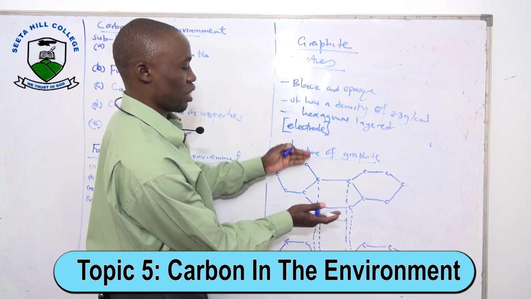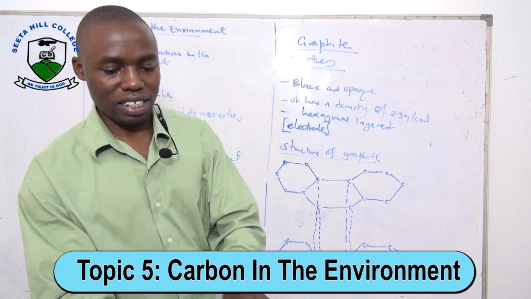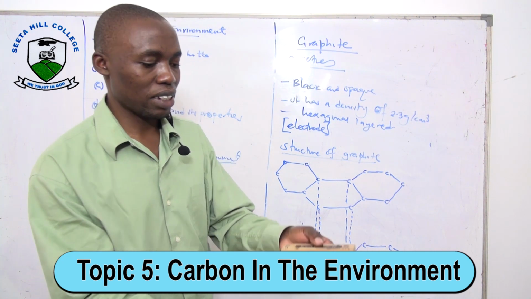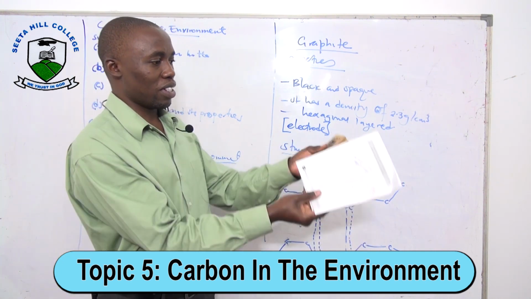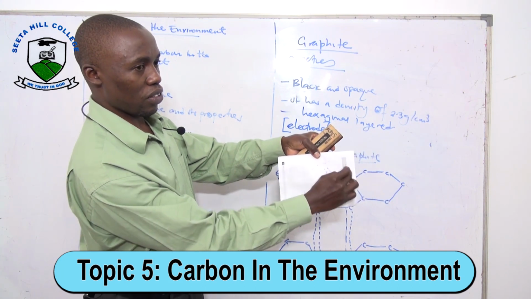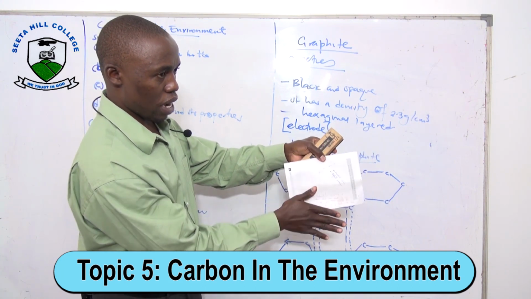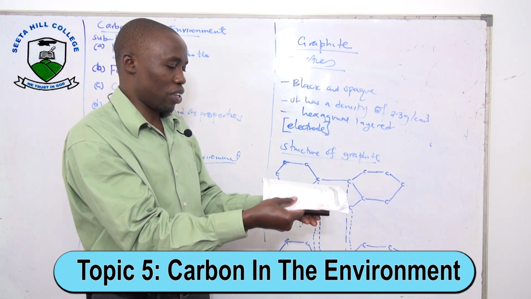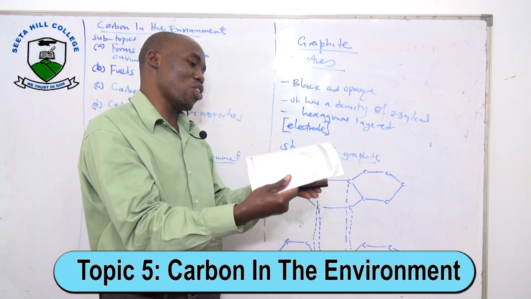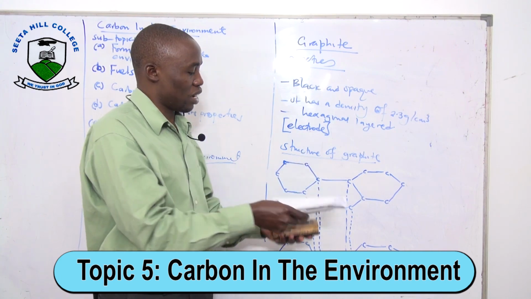The layers are like this. On one layer, there are many rings, rings everywhere. Then layers are like this, but there is no bigger space like the one we have put here.